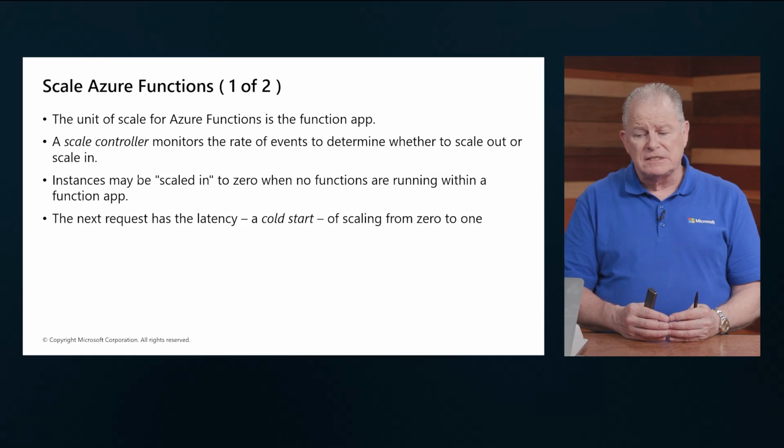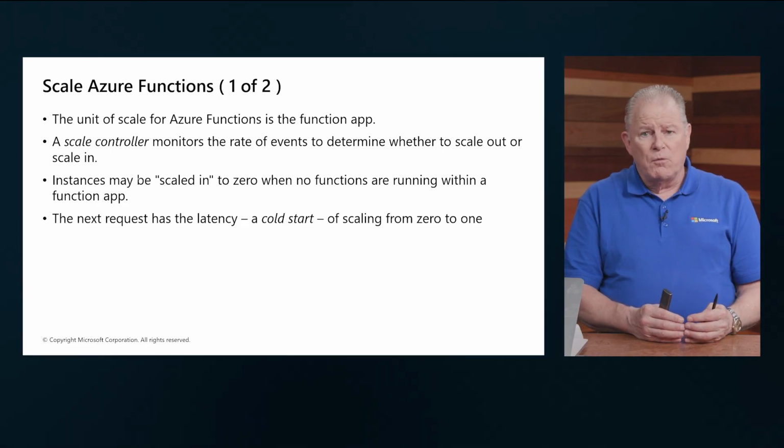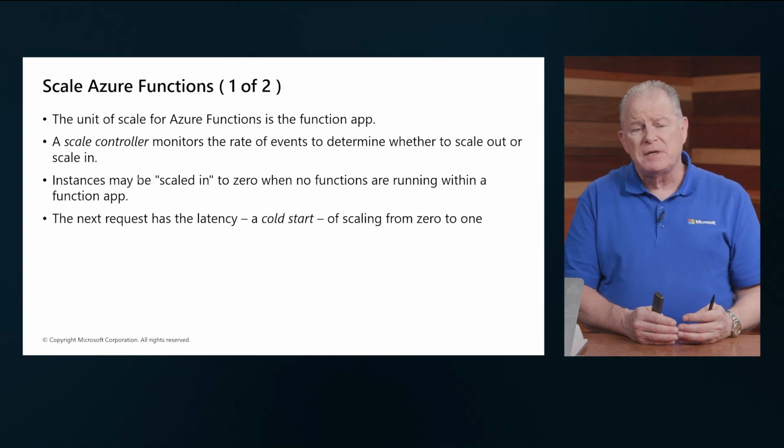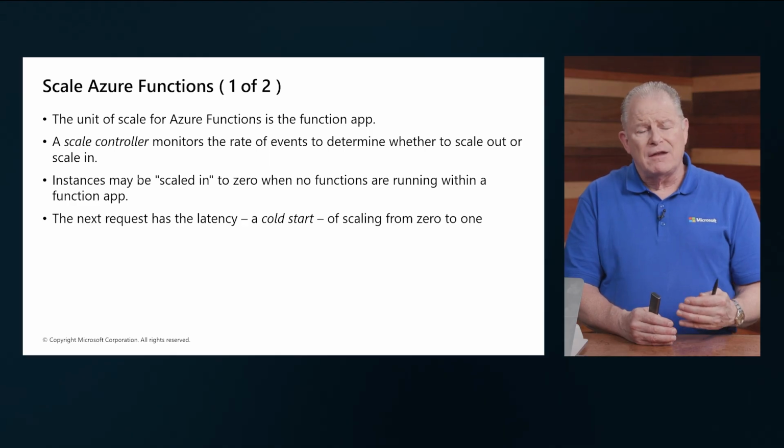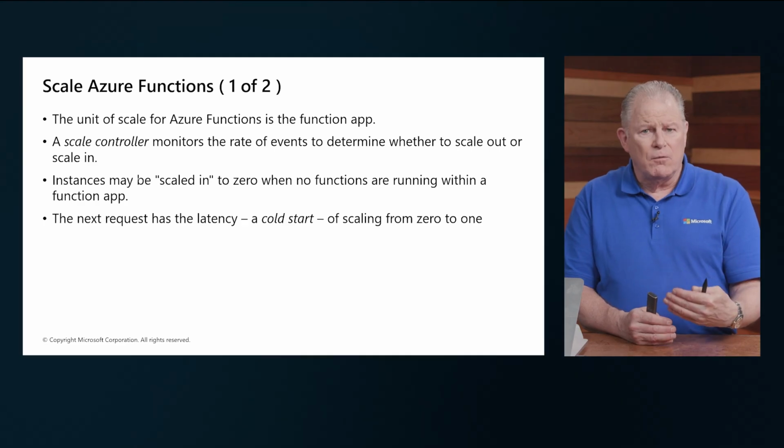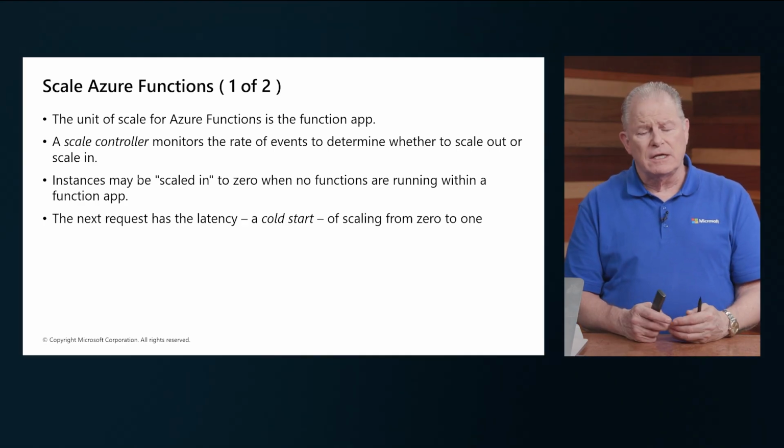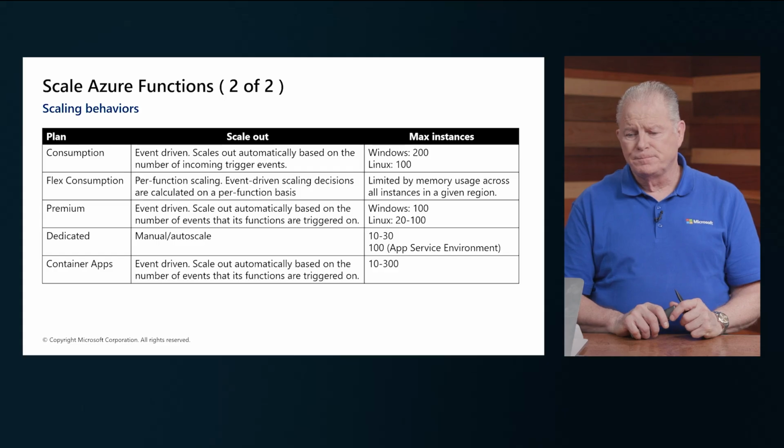You can have that scaled to 0 capability, which means a cold start where you start with none and it has to spin the first one up. Or you can have one instance already going, so that if I need to scale up my function, I already have one running. So it's a warm start as opposed to a cold start.